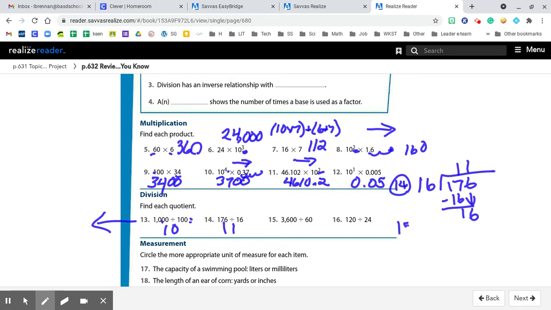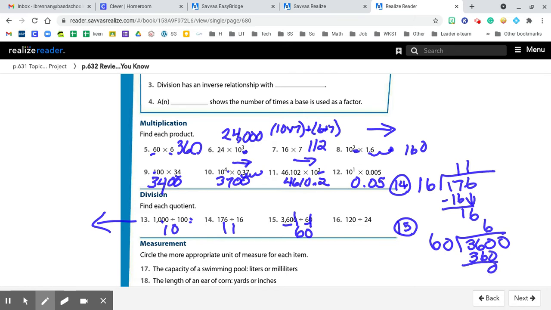For number 15, I can solve a simpler problem here and say 6 goes into 36 6 times. I can cancel out zeros and bring my 1 extra 0 over, or I can always go and do the algorithm, do the math. 60 goes into 360 6 times.